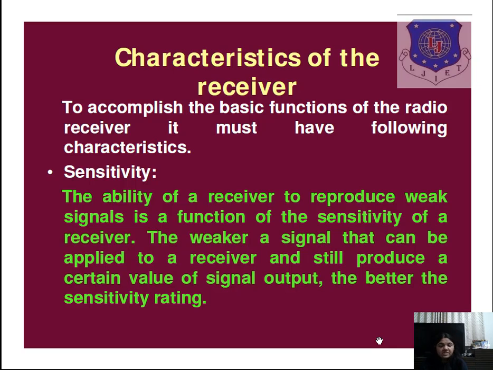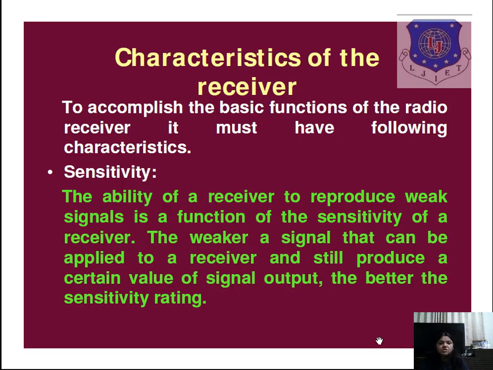What is sensitivity? The ability of a receiver to reproduce weak signals. Now, the receiver will receive various kinds of signals, and we need to reproduce the signal. So reproducing the weak signal is a function of the sensitivity of the receiver.